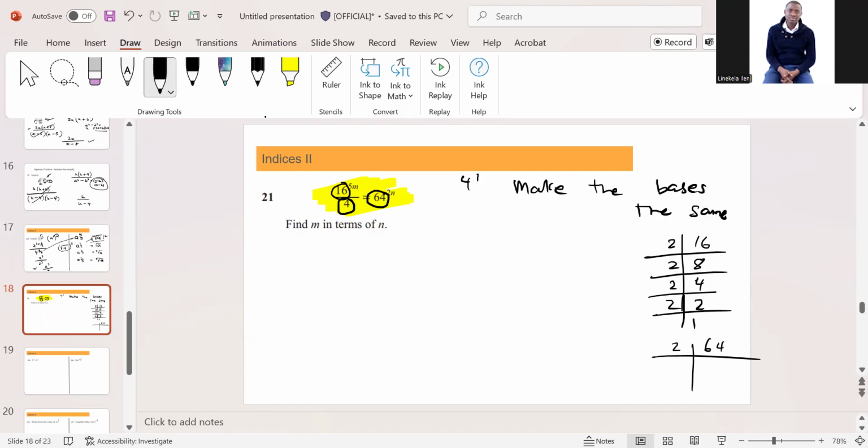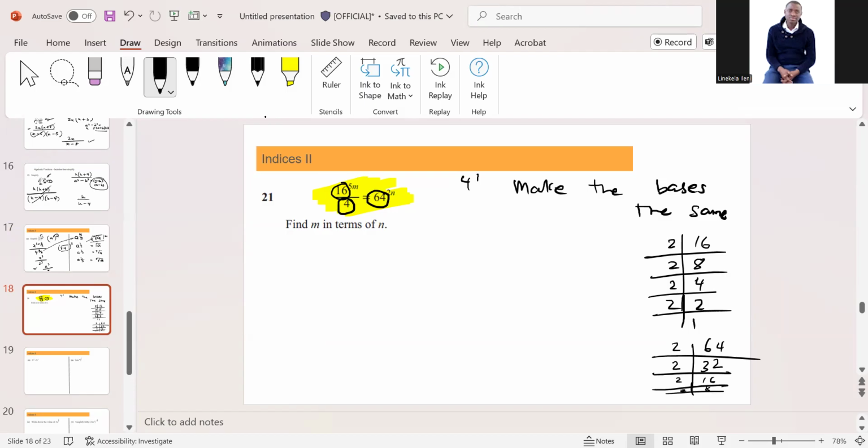64: 2 into 64 is 32. And then 32, 2 into 32 is 16. 2 into 16 is 8.